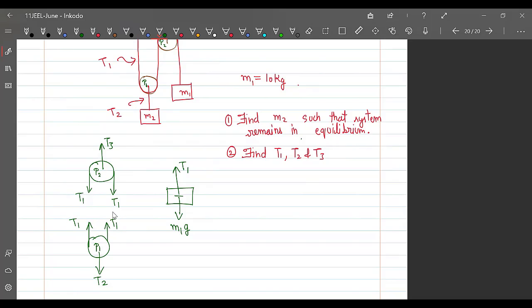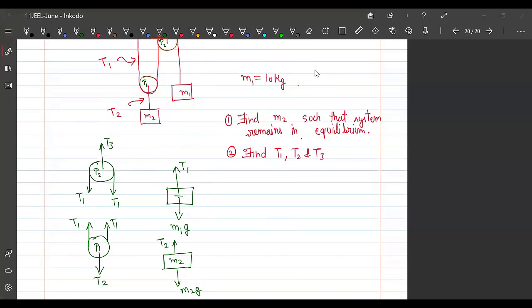So these are the action reaction pairs. ये वाला T1 और ये वाला T1. और M2 का फ्री बॉडी डायग्राम बनाएंगे तो M2G डाउनवर्ड डायरेक्शन में एंड ये इस रोप से अटैच्ड है तो ऊपर फोर्स लगेगा T. And everything is in equilibrium, so सारे ऊपर वाले forces will be equal to the नीचे वाले forces. So T1 is equal to M1G, T2 equals to M2G, then 2T1 equals to T2, T3 is equal to 2T1, and we can solve this.